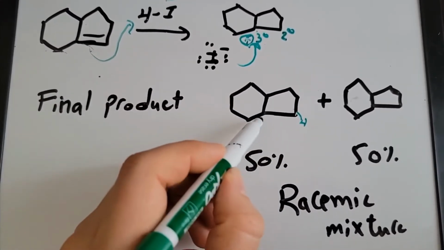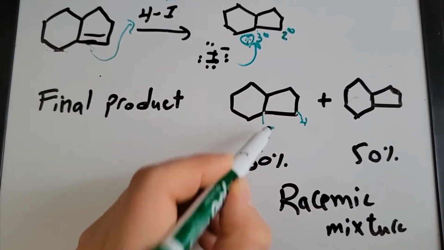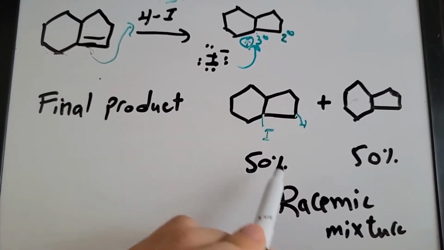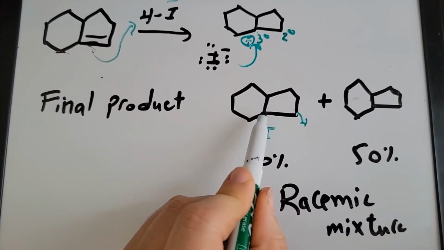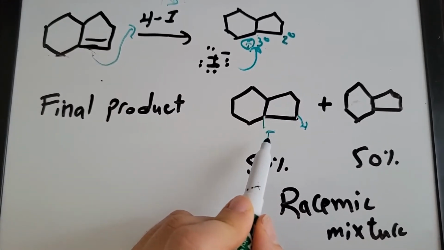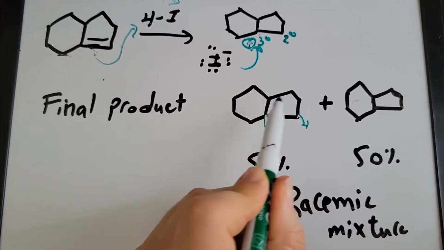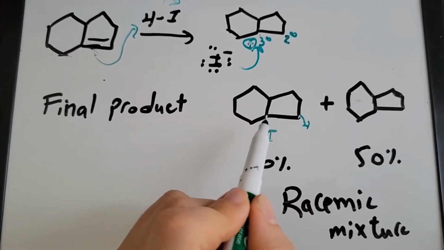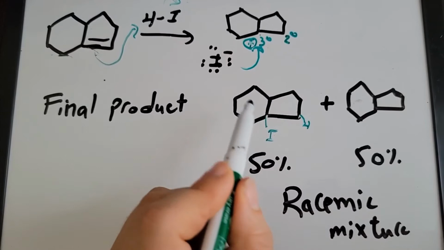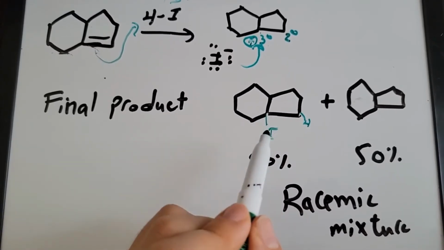And here we have the iodine bonded to the tertiary carbon. But the carbon which is bonded to the iodine is chiral, since it's linked to the cyclopentane here and to cyclohexane here, so it's chiral.